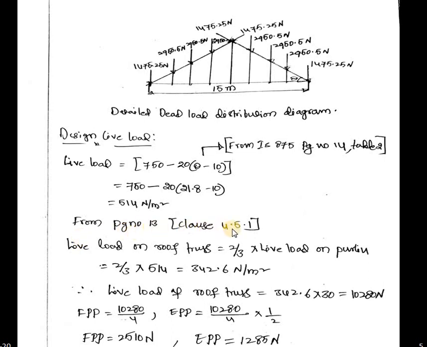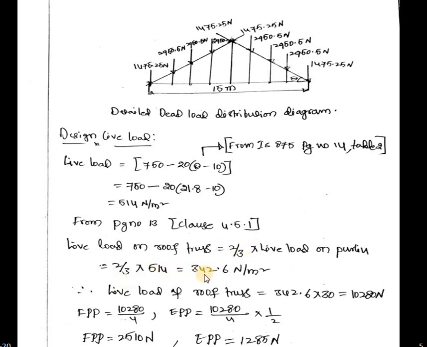From page number 13, clause 4.5.1 of the same code book, IS 875 part 2, live load on roof truss is equal to 2/3 of live load on purlin.